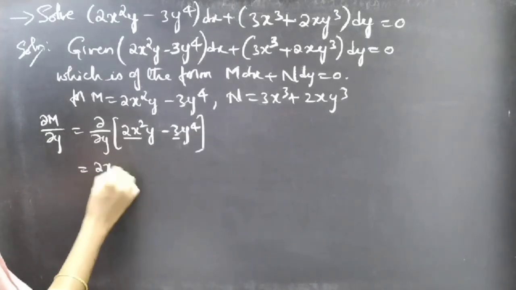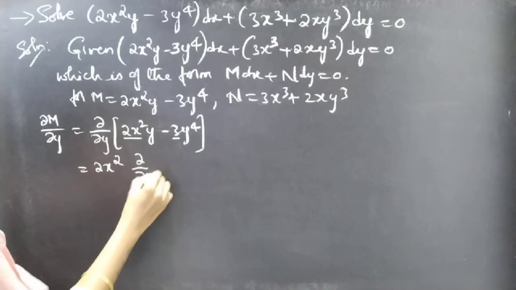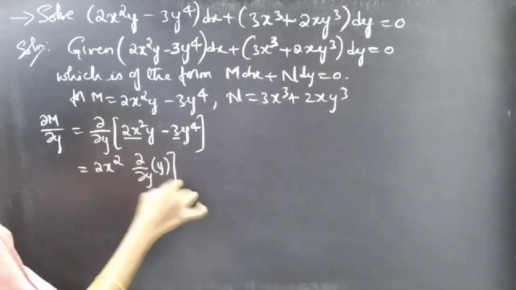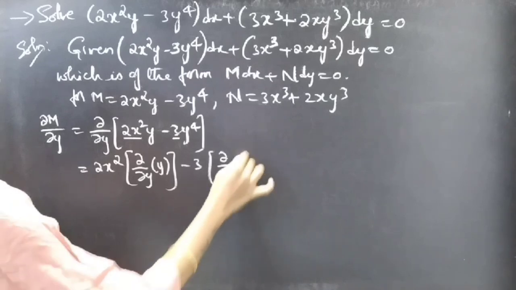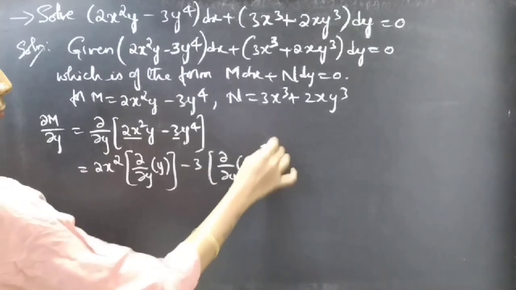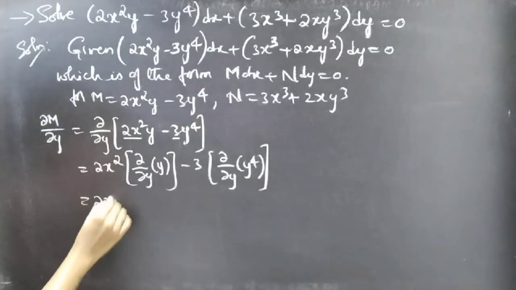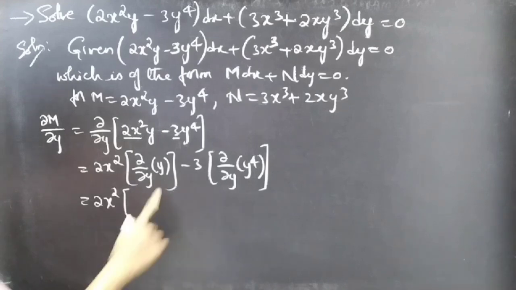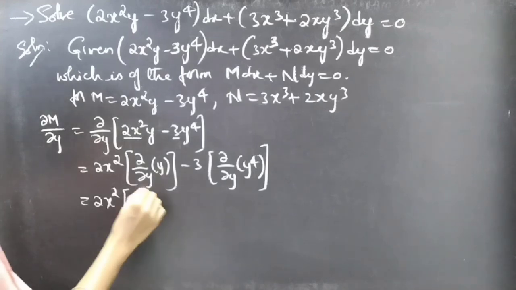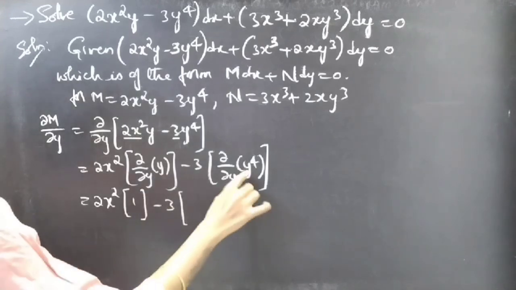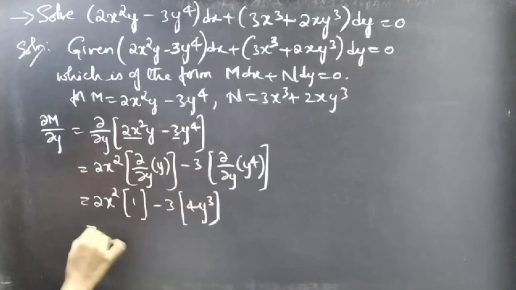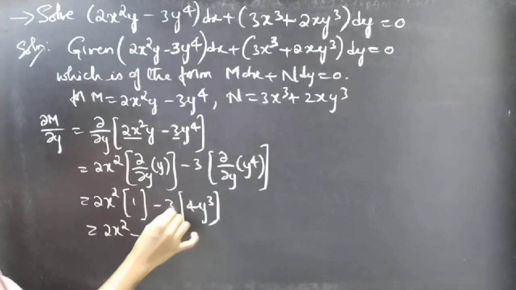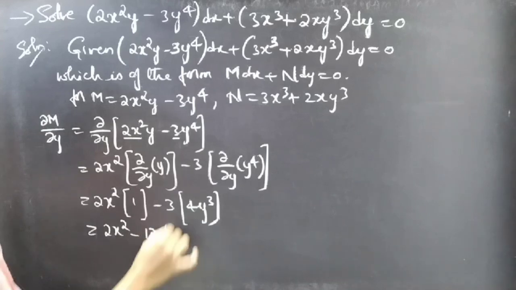So we can write it as 2x² times the partial derivative of y with respect to y, minus 3 times the partial derivative of y⁴ with respect to y, right? The partial derivative of y with respect to y is 1, minus 3 times 4y³, which gives us 2x² − 12y³.